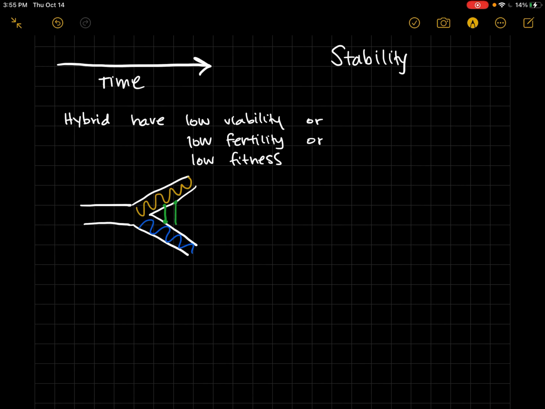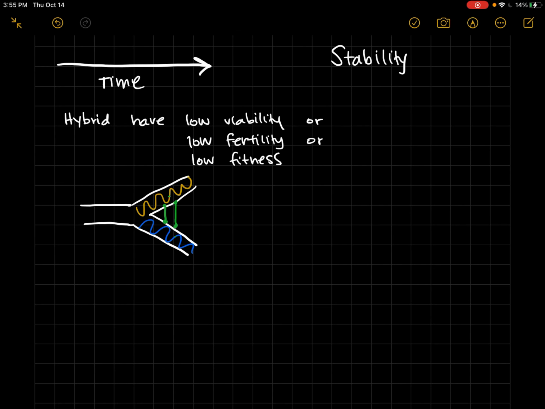One of the blue individuals mating with one of the yellow individuals. Okay, so we have some hybridization and hybrids are produced. But since these hybrids have lower fitness than if the blue individual had mated with another blue individual or a yellow individual had mated with another yellow individual, this is going to lower the fitness of the parents because they're giving rise to low fitness offspring.